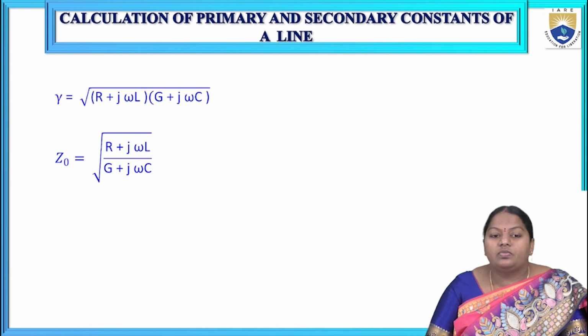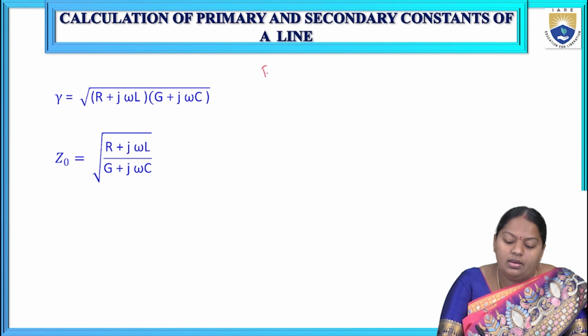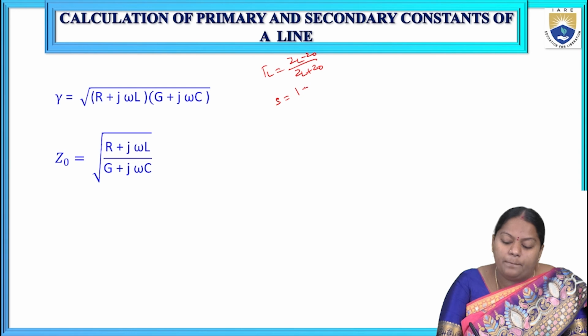One is reflection coefficient of a transmission line as gamma L is equal to (ZL minus Z0) by (ZL plus Z0), and standing wave ratio S can be obtained as (1 plus gamma L) by (1 minus gamma L), or gamma L in terms of S means (S minus 1) by (S plus 1).